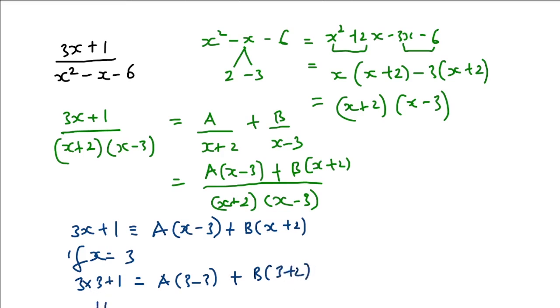And this is 10 equals 5b. We say this goes to 0. So this remains 5b, which gives us our b as 2.